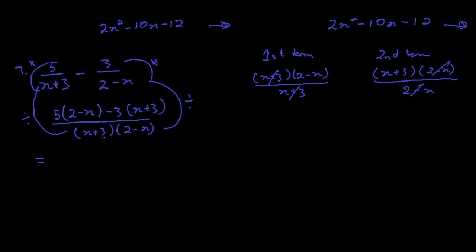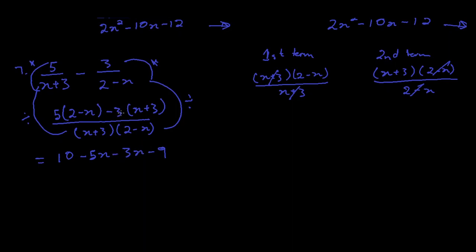So third step, that's when you simplify everything here. So you multiply, you're gonna have 10 minus 5x minus 3x minus 9. Okay, this minus 3 is gonna multiply the x, which will bring us to minus 3x.